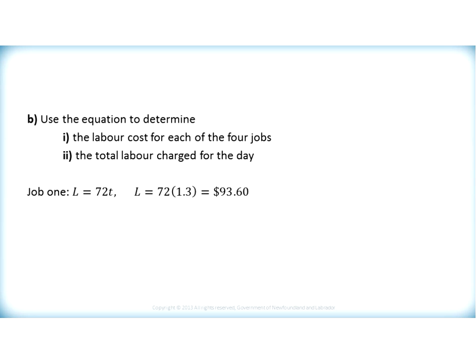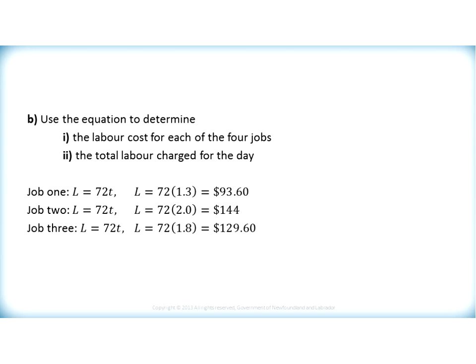So he'll charge $93.60. In his second job for the day, it was a 2-hour job. So the amount of money that he charges for labor is going to be 72 times 2 for the 2 hours of that day, or $144.